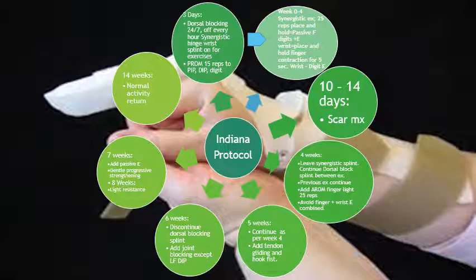The synergistic hinge orthotic should be applied, and then the following exercise should be done. Like I said, every hour. 25 reps of place and hold, where the fingers are passively flexed while the wrist is simultaneously extended.